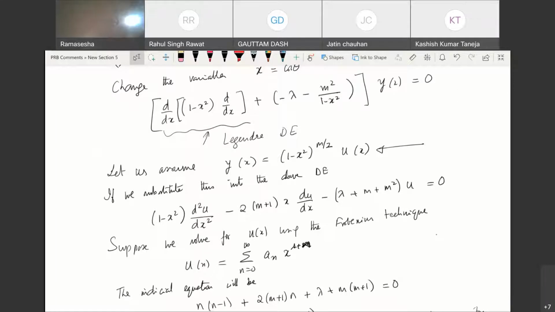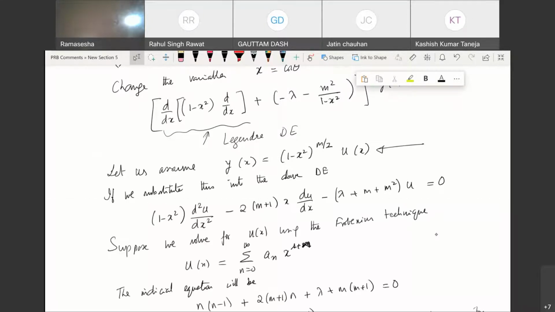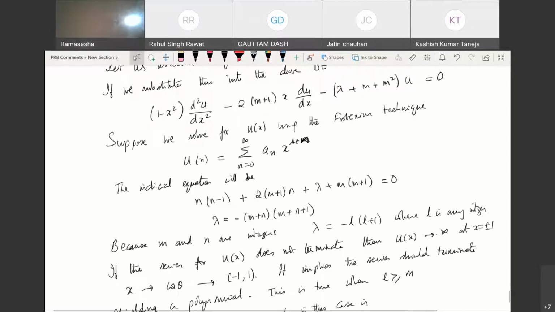So the way I got the solution for this equation was simply by substituting for y of x as 1 minus x squared to the power m by 2 times u of x, and then getting the differential equation with lambda given by L into L plus 1, and this L has to be greater than or equal to m. I also find that condition because you want to have u of x being finite at the interval minus 1 and 1.